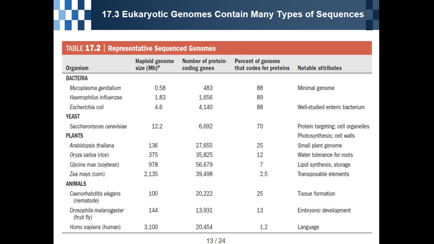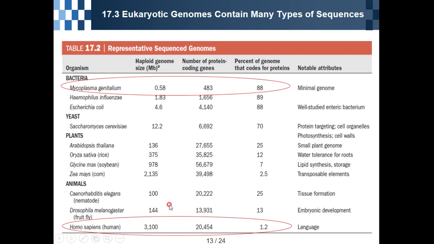This table summarizes the prokaryote and eukaryote. For example, the bacterium Mycoplasma genitalium, which we mentioned previously, has only 483 genes and a genome size of less than 1 megabase.